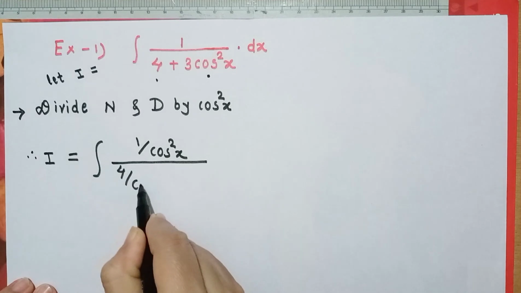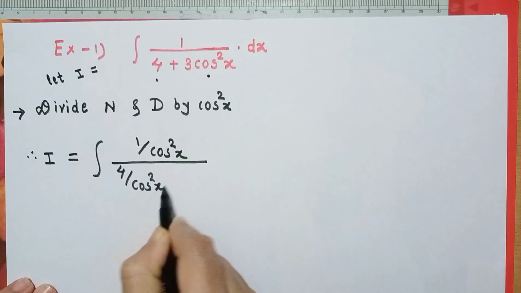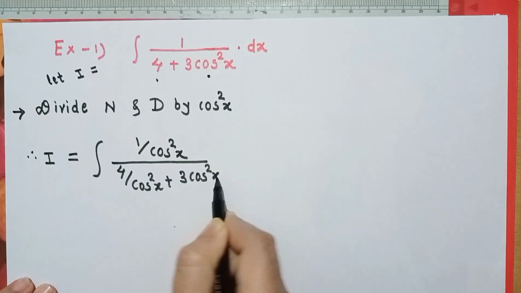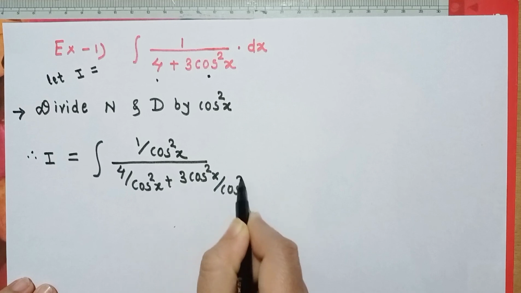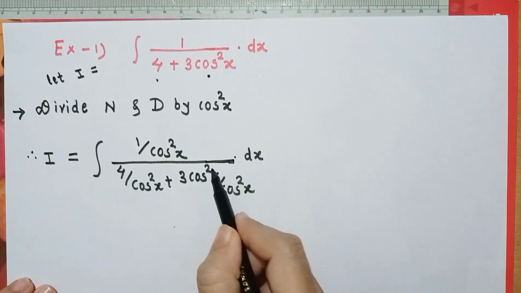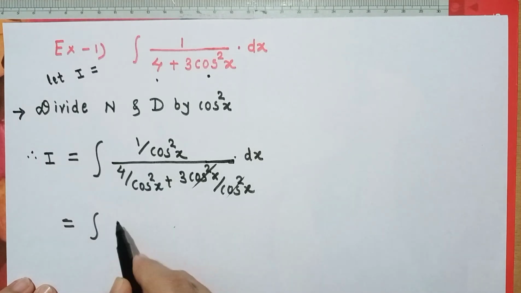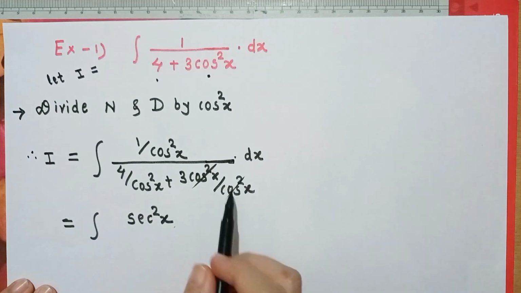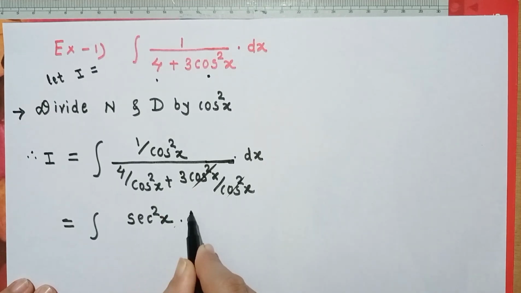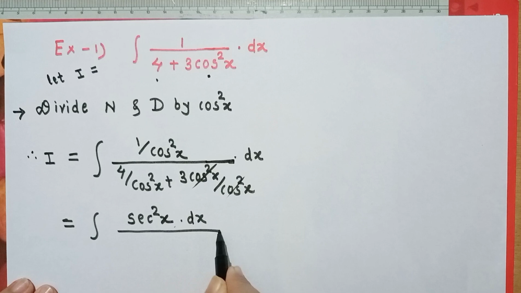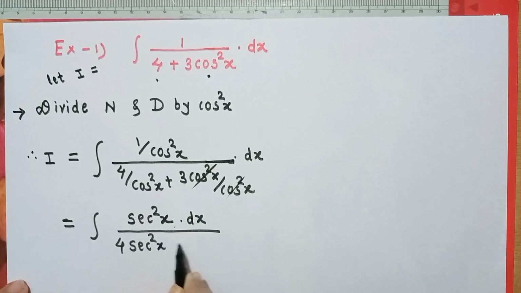So here 4 upon cos square x and plus 3 upon cos square x, dx. Now this cos square x gets cancelled, and in the next step 1 upon cos square x means we will write sec square x dx upon, again this is 4 sec square x plus 3.